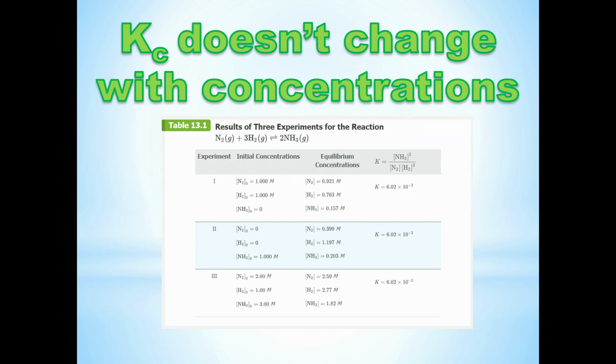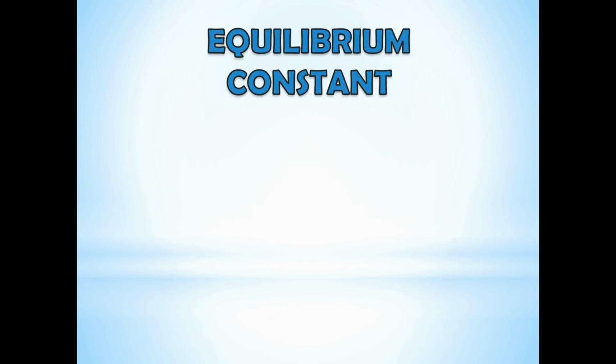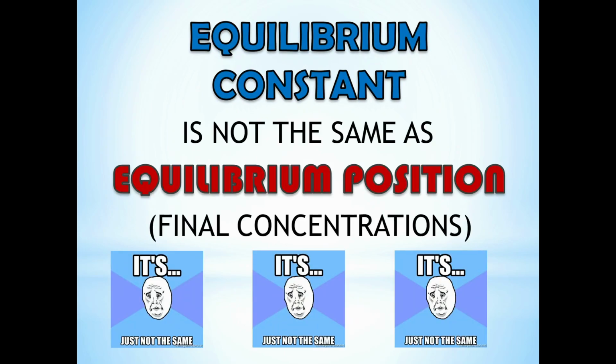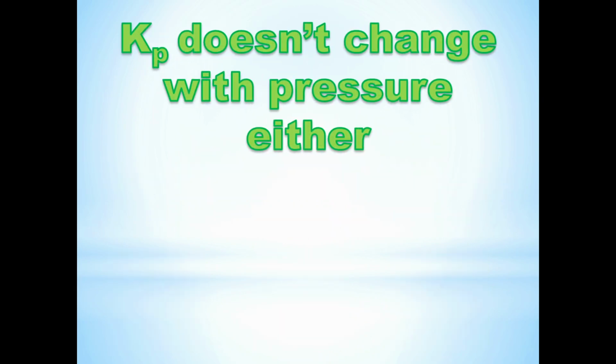So the equilibrium constant doesn't change, but the equilibrium position, how much I have left at equilibrium, is dependent on my initial concentrations. So Kc and Kp are not dependent on initial conditions, but what I get for final concentrations or final pressures is. So Kp doesn't change with pressure, Kc doesn't change with concentration.